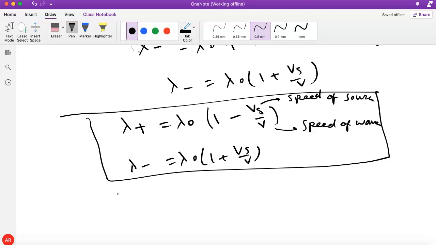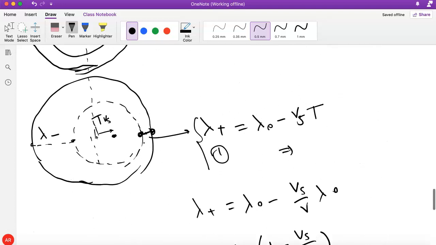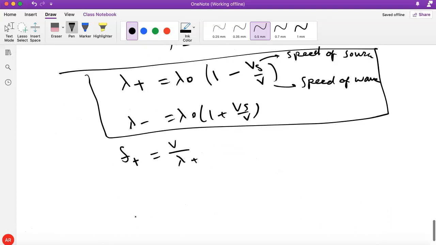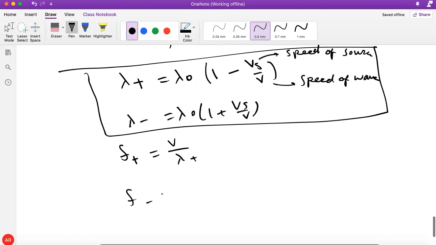So we will have F plus, the frequency over here, is going to be V over lambda plus, and similarly F minus, the frequency perceived by a listener from whom the source is moving away, to be V divided by lambda minus.